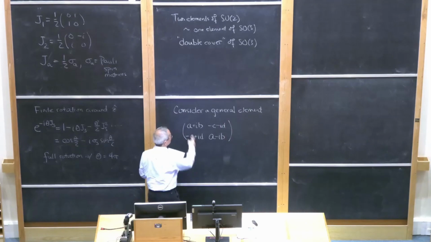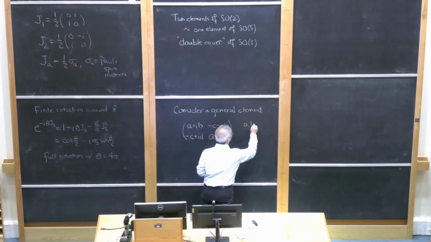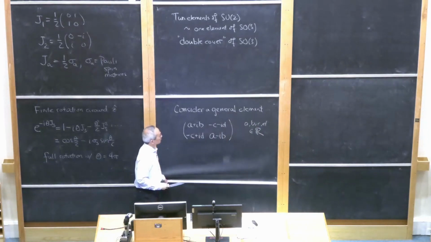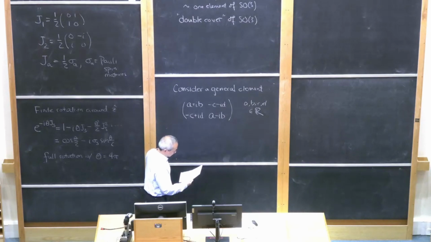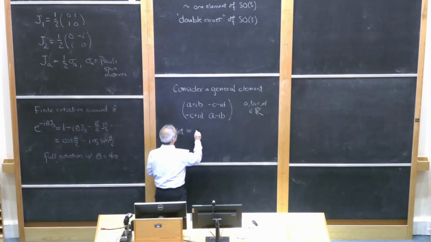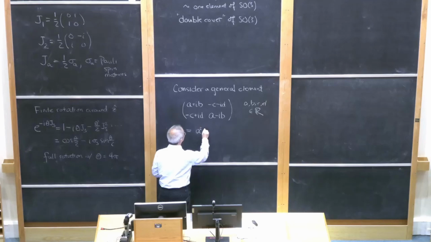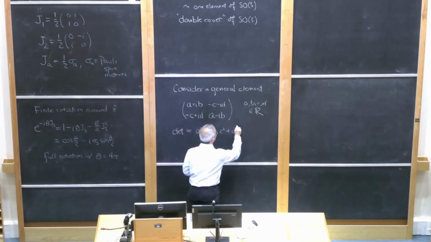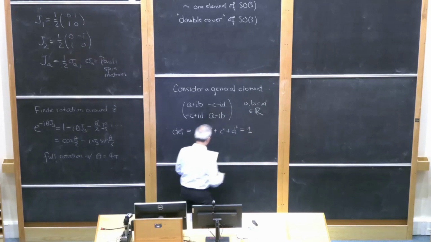Okay, so A, B, C, and D are all real parameters. So the determinant of this element is just going to be, well, don't need the mod because they're all real, A squared plus B squared plus C squared plus D squared is equal to 1.